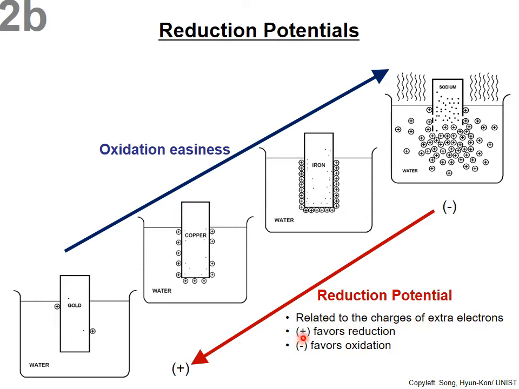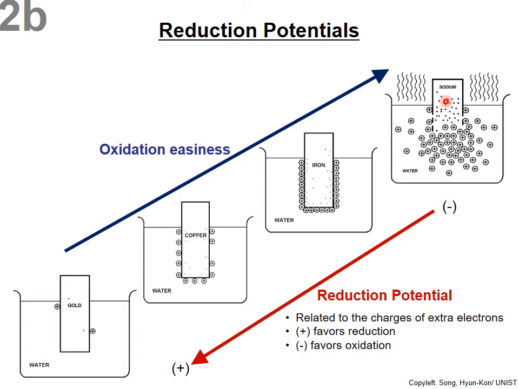Then plus values would favor reduction, and minus values of reduction potential favor oxidation. Why? You know, sodium is really a rich guy in terms of electrons. The sodium metal has 100 electrons.